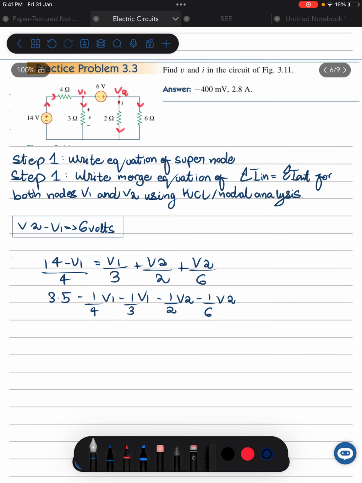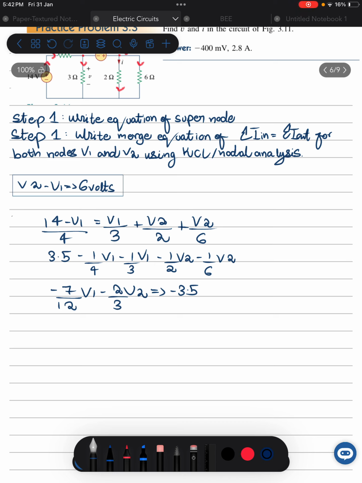Alright, so minus 1 by 4 minus 1 by 3 is minus 7 by 12 V1, and minus half minus 1 by 6 is minus 2 by 3 V2, equal to minus 3.5.